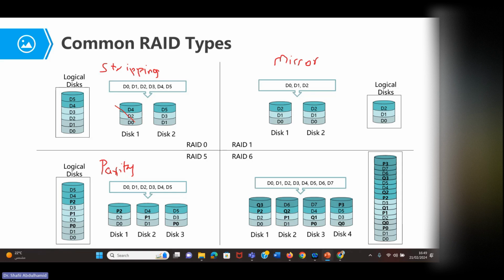If, for example, one of the disks crashes, you're going to lose half of the information that you have here. You will be left with only half of the information of that file, and half of the information is not enough to be able to recover the file. So basically, redundancy is absent in this. No redundancy.